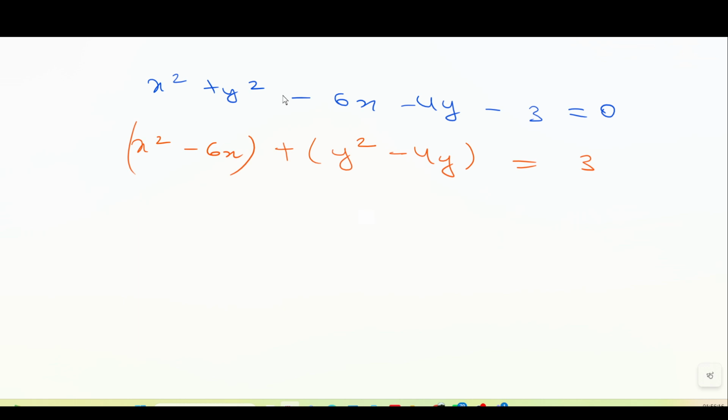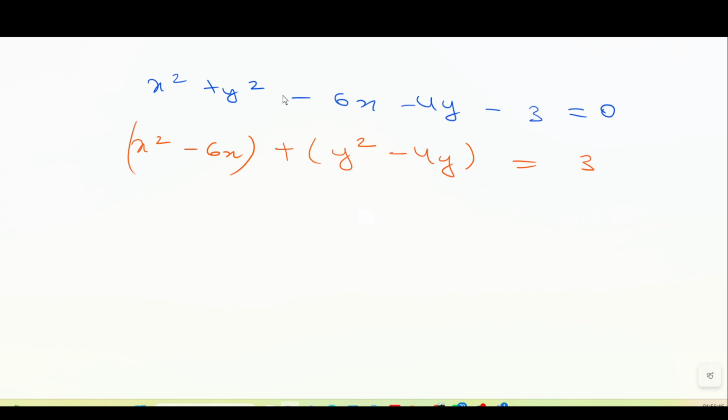Then we have to convert it into whole square form.